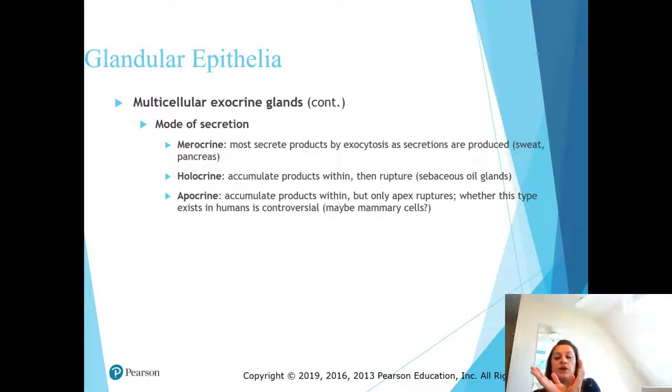We only rupture the top and then it heals back up again. Now, some people think that maybe some of our mammary glands, our breast milk cells, are apocrine. Jury's still out on that. Not really sure, but merocrine and holocrine, very, very prevalent in the body.